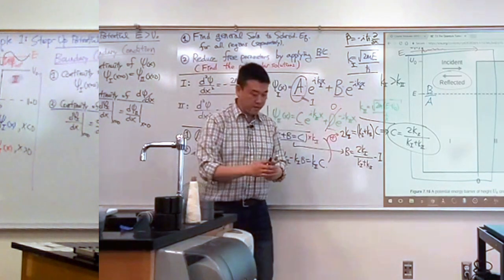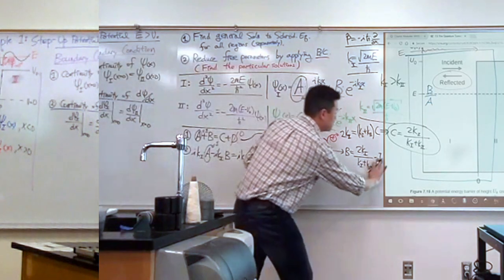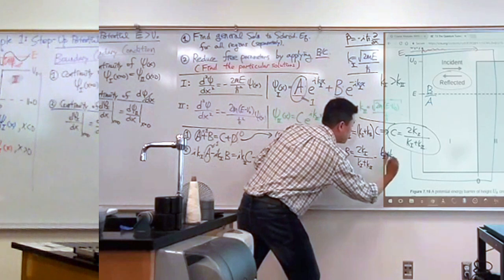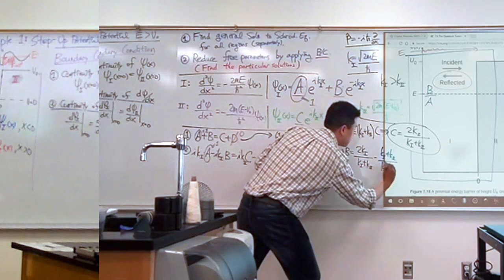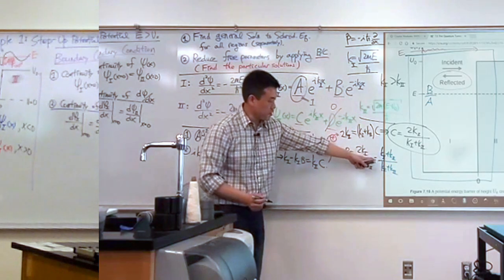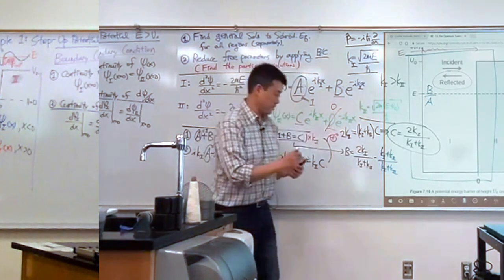Or, turning this minus 1 into a more interesting fraction of k1 plus k2 over k1 plus k2, when you do the subtraction, one of this cancels out one of that, and I have minus k2.